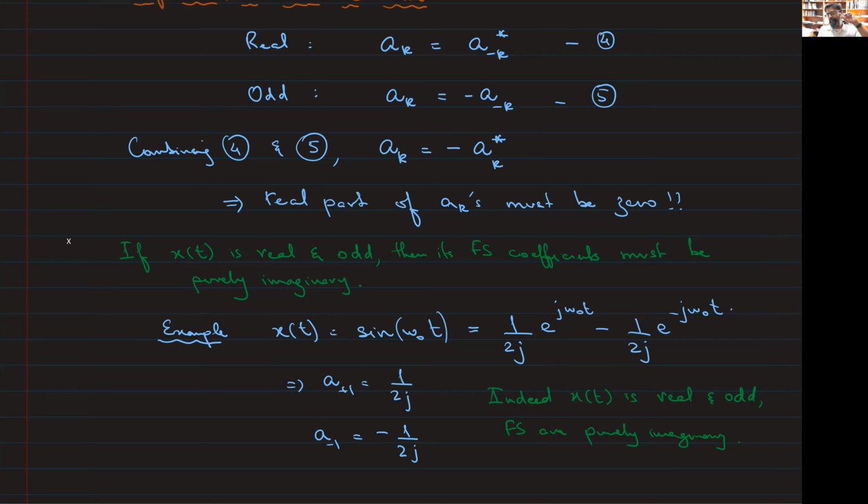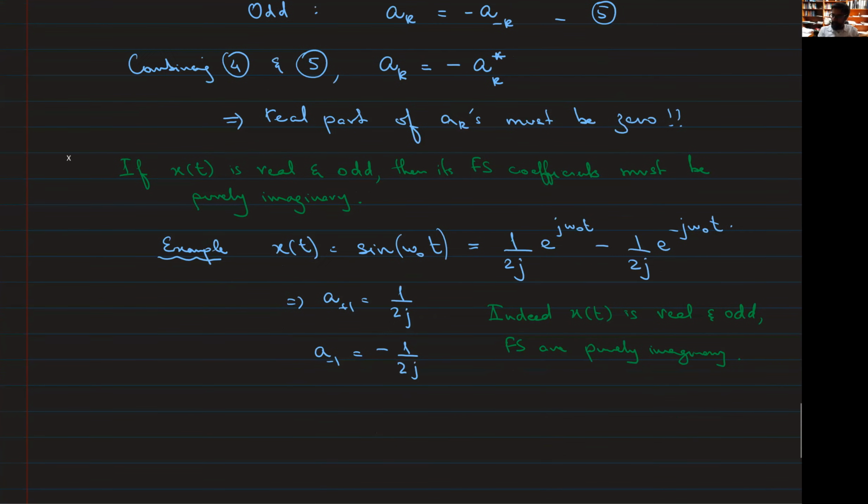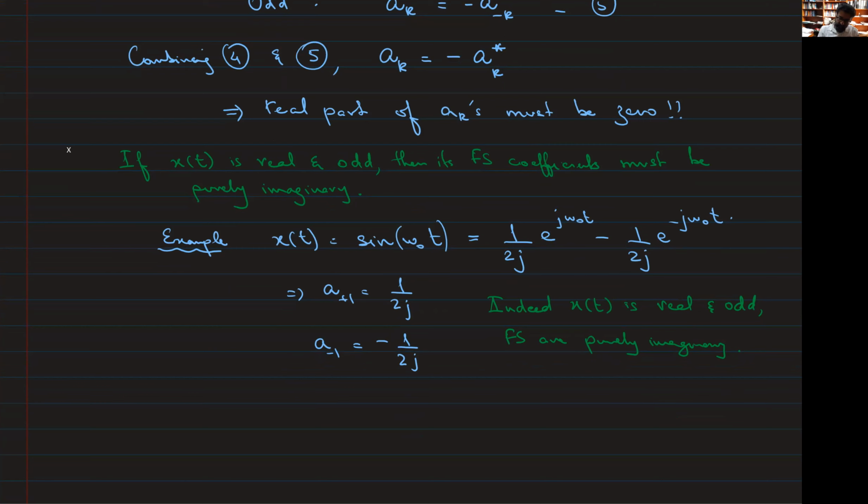Okay, and you can do the same thing for cosine omega naught t. By the way, as Daniel said, this could be an exercise: compute the Fourier series coefficients of x of t equals sine omega naught t using the analysis expression.